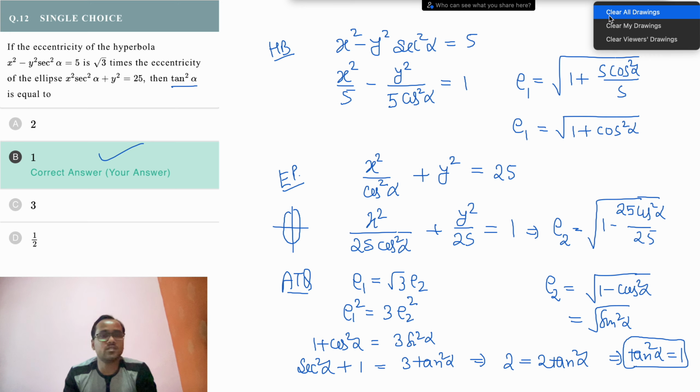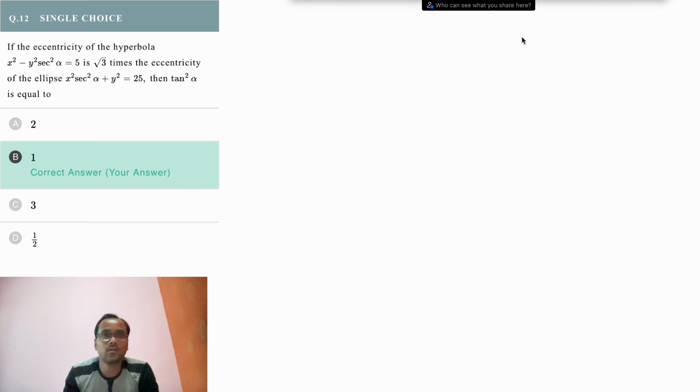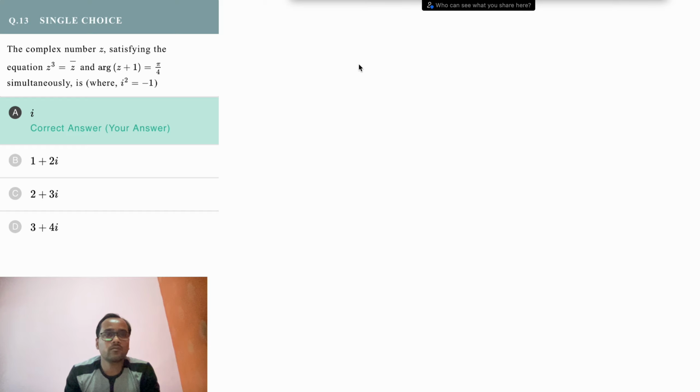Fine. Let's come to the next question now. Question number 13. The complex number z satisfying the equation z cube is equal to z bar, and an argument of z plus 1 is pi by 4, simultaneously. So let's check the options.